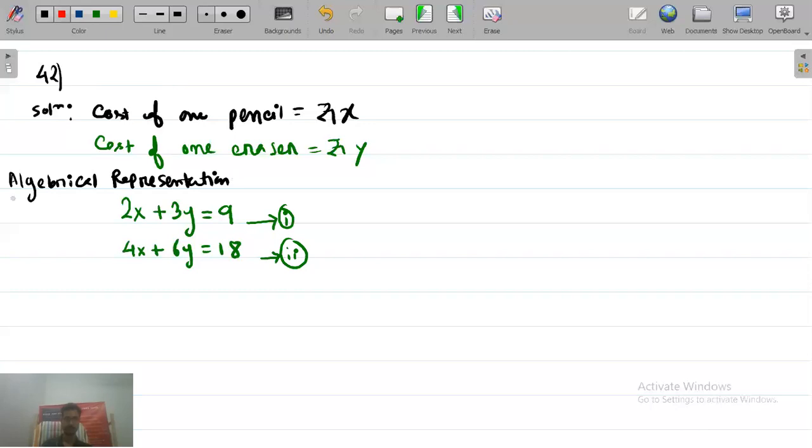Now graphical representation. So how can you represent it graphically? Okay. So next will be your graphical representation.